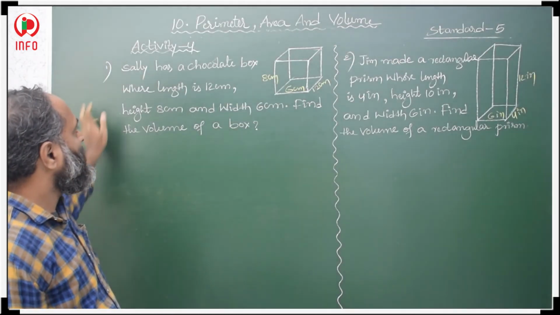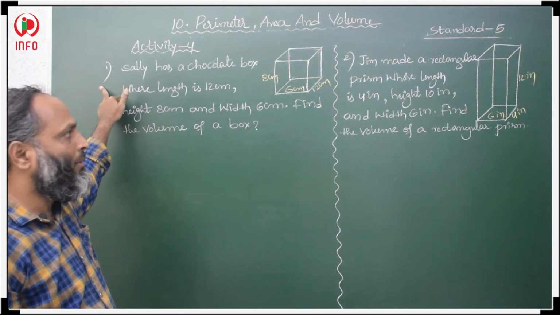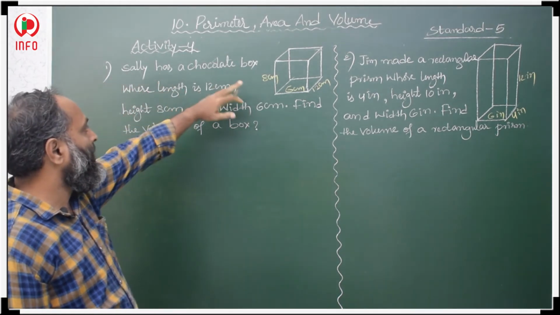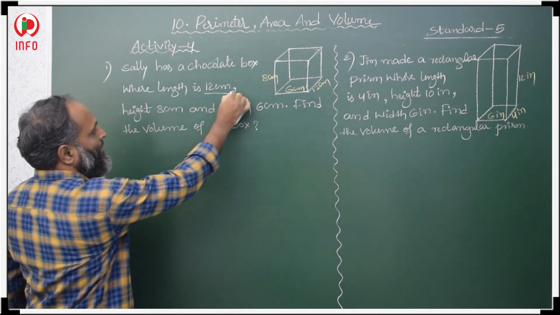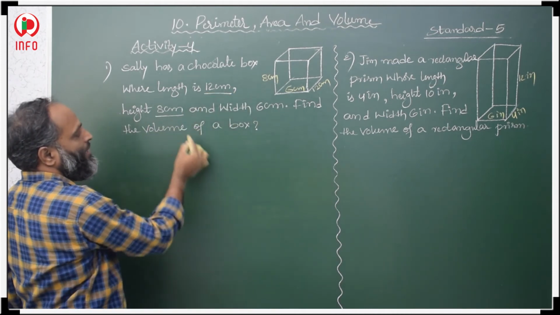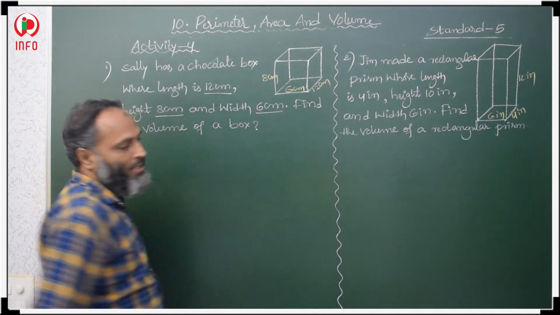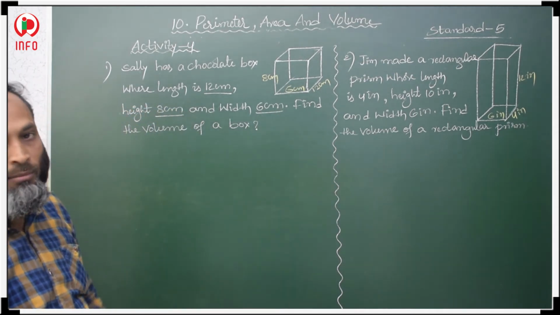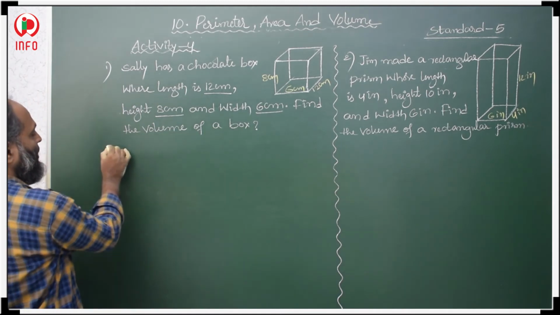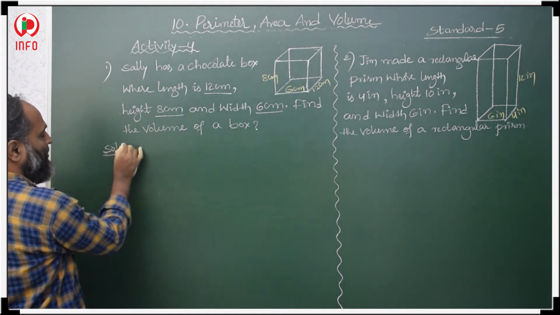Now here, in activity 4, the first word problem, see here, Sally has a chocolate box. This is a chocolate box, where length is 12 centimeters, height is 8 centimeters and width is 6 centimeters. Then find the volume of the box. So the volume is cuboidal in shape.